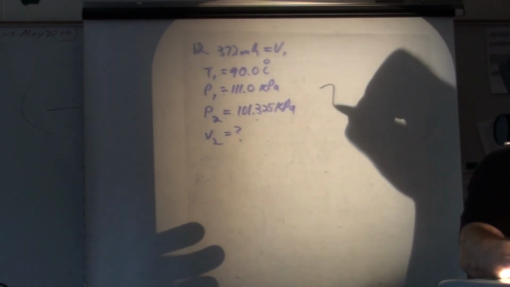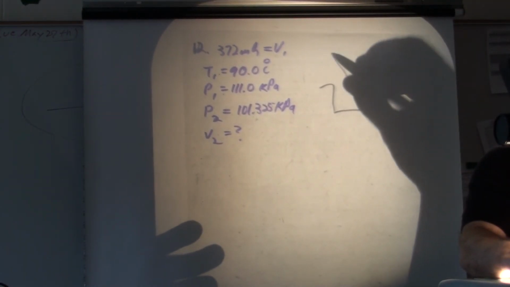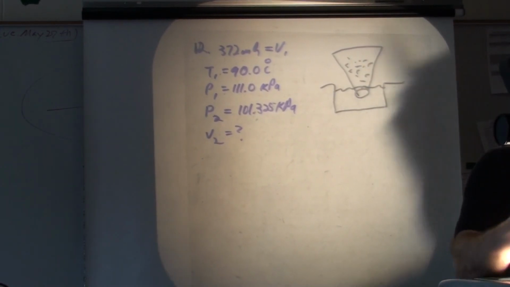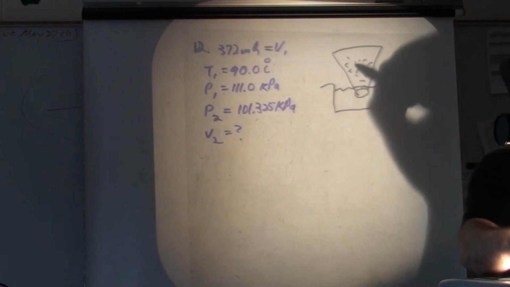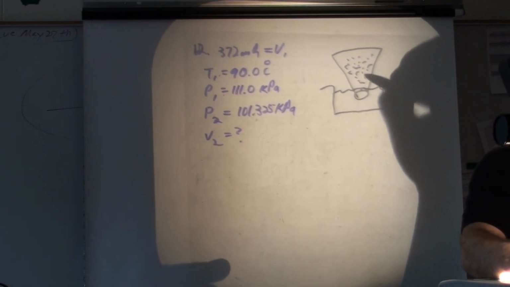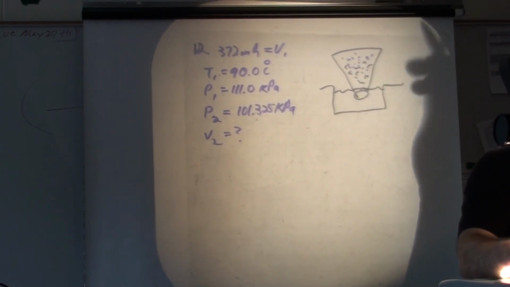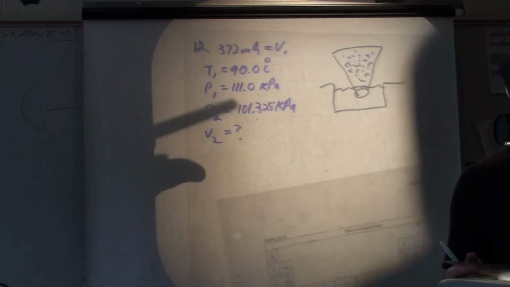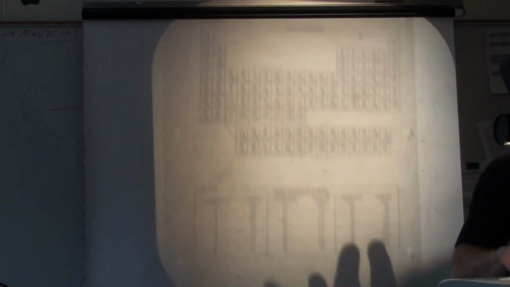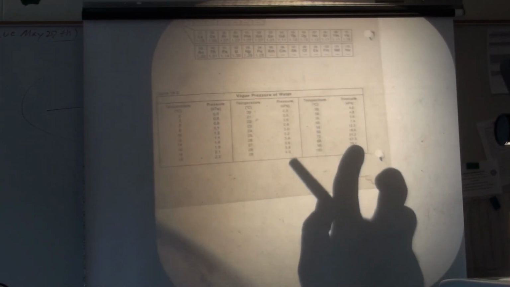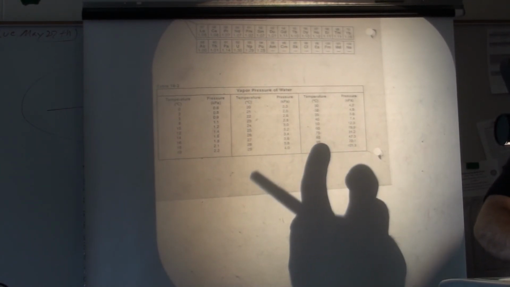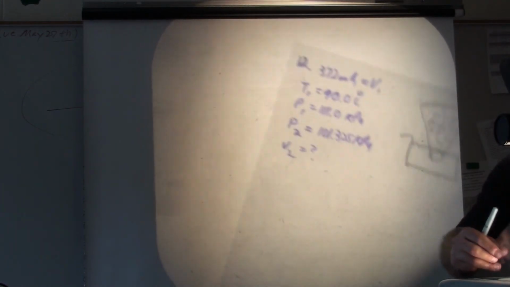We're collecting over water, so just like in the last problem, we have to subtract out the water vapor pressure. So we have to go to Appendix O. And at 90 degrees Celsius, the vapor pressure is 70.1.